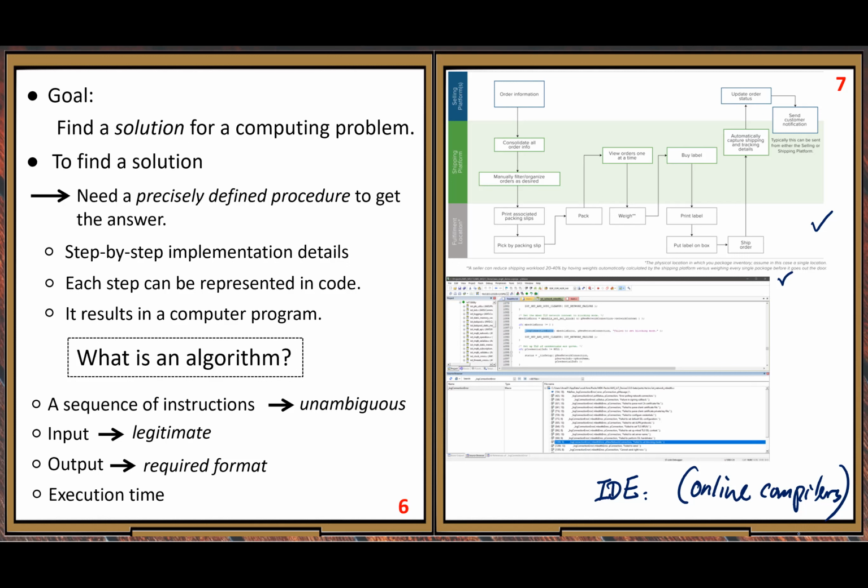Then another important factor, in order to deliver a good solution for your customers, is execution time. Execution time is very important. How fast is your algorithm? That's extremely important for your customers.